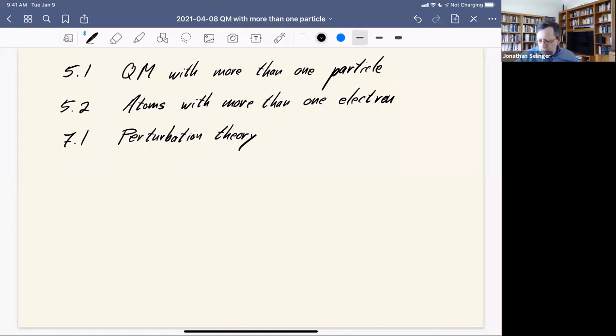So I think these 3 sections will pretty much do it for us for the rest of this semester. I'll be covering those today and after spring break. And then after the break, there'll be, I think, one more homework assignment, which will deal with those sections, in addition to the homework that you're working on now about spin.